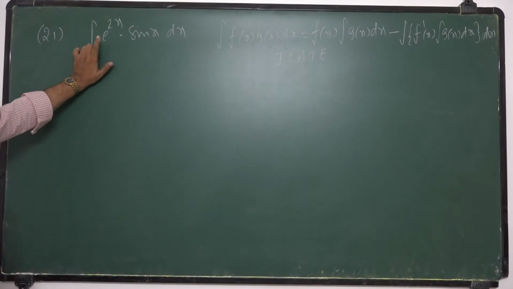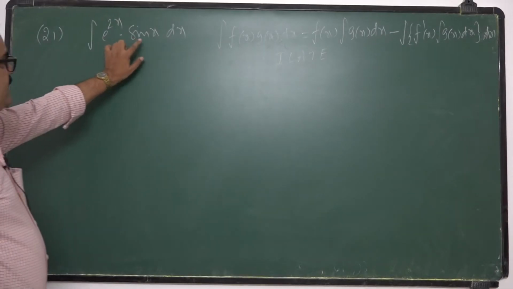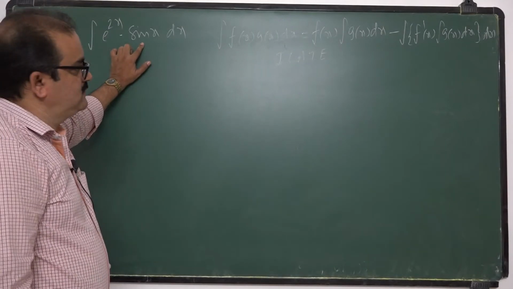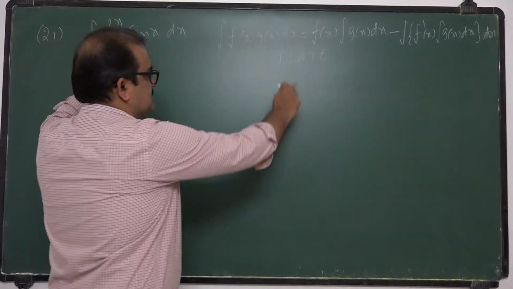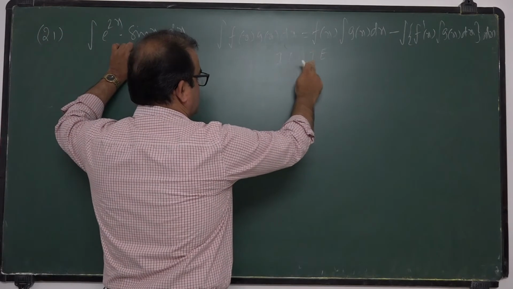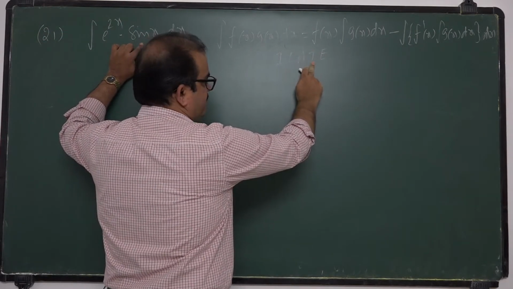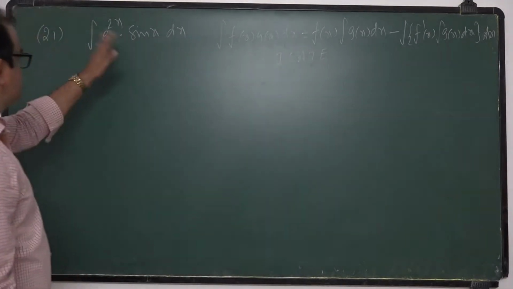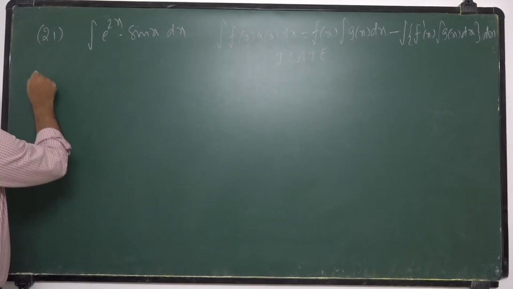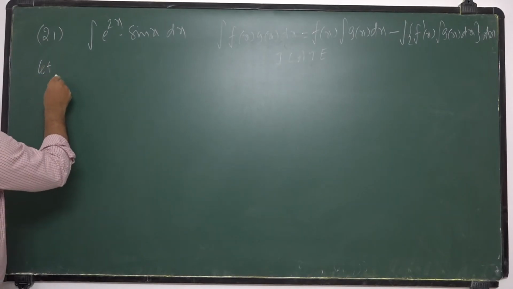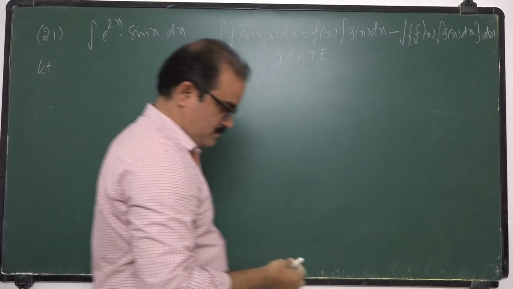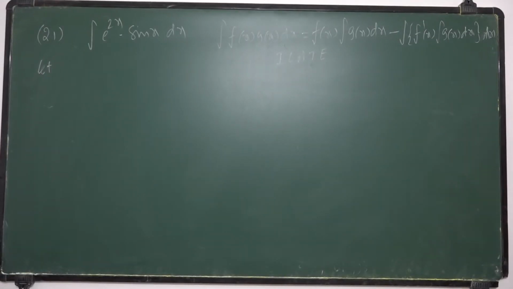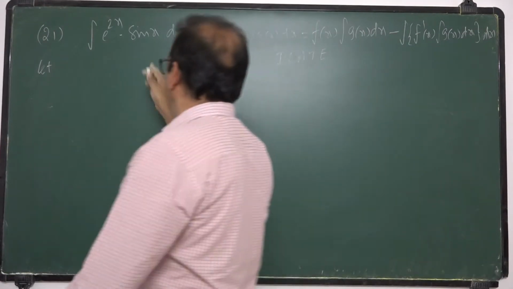Clearly it is an exponential function and it is a trigonometric function. But in this, the trigonometric function is taken as first and exponential is taken as second. So you change the order. You interchange the order.